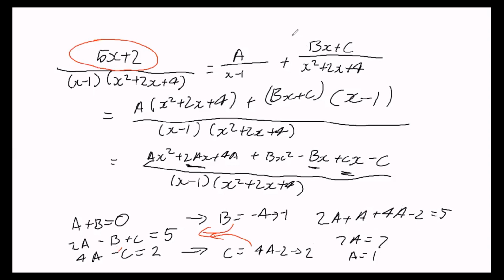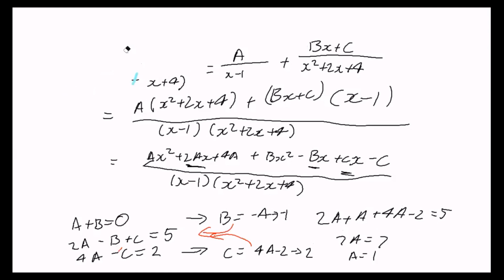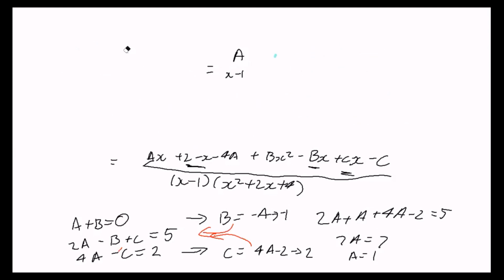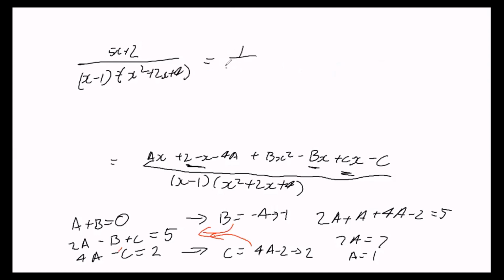Right. So that means that my equation, I'll just rub all this out. My final equation is going to be 5x plus 2 all over x minus 1 times x squared plus 2x plus 4 is equal to 1 on x minus 1 plus minus x plus 2 all over x squared plus 2x plus 4.